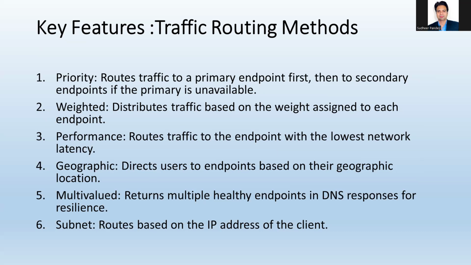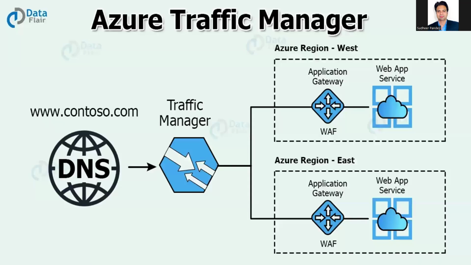Multi-valued returns multiple healthy endpoints in the DNS response for resilience. And last but not least is subnet based routing. As the name suggests, it routes based on the IP address of the client. So these are the six categories where we can define the traffic routing methods.